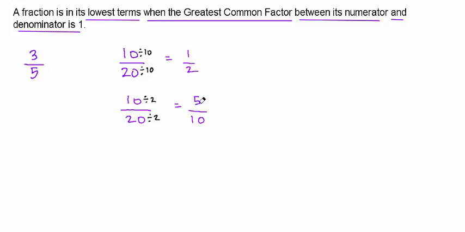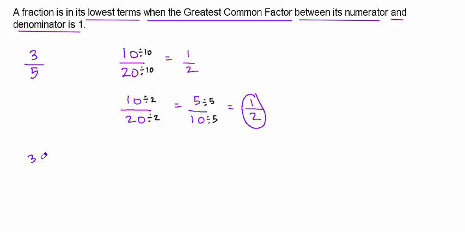But hang on, there's still a common factor between 5 and 10 that's larger than 1, and that is 5. 5 is a factor of itself, and 5 is a factor of 10, and therefore this simplifies to 1 on the top and 2 on the bottom. Eventually, you still get to the simplest form, just that you needed one extra step in between because you didn't pick the greatest common factor to divide the numerator and the denominator.